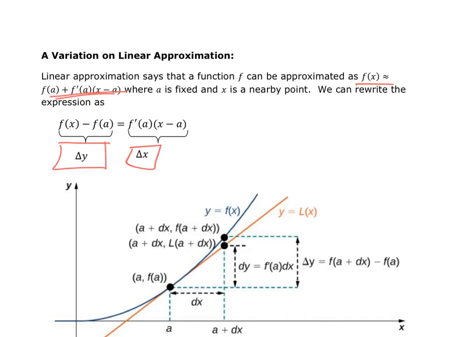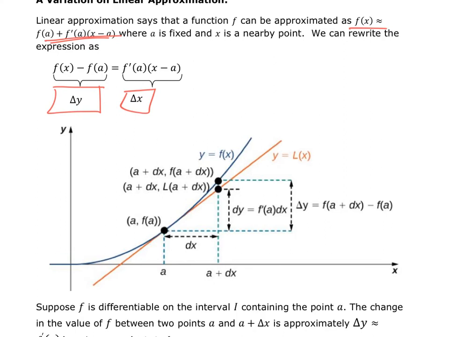The reason I do that is I can replace f of x minus f of a with delta y if I need to. Delta being that triangle, just delta y. dy is another way we can write it. And all I'm doing is I'm just replacing some of the notations. Okay?